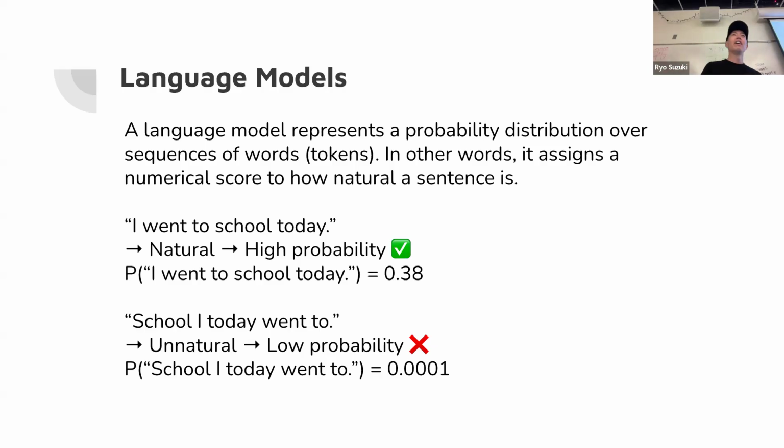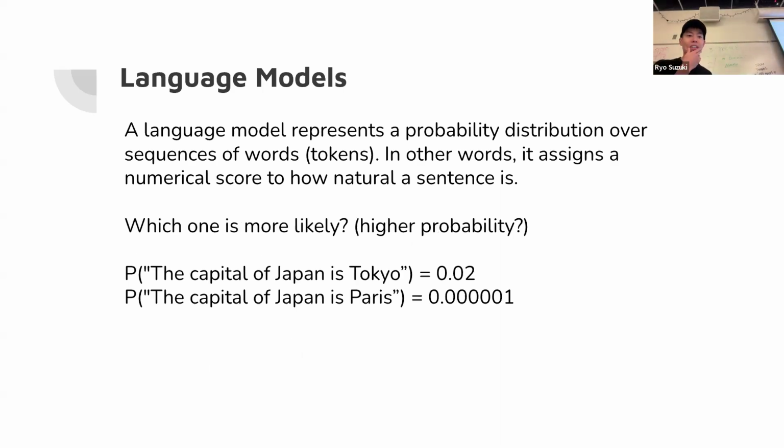So the language model converts the language, the sequence of words, into a probability. And why does it matter? Because it can capture not only grammatically correct sentences, but also knowledge. For instance, "the capital of Japan is Tokyo" and "the capital of Japan is Paris" are both grammatically correct, right?